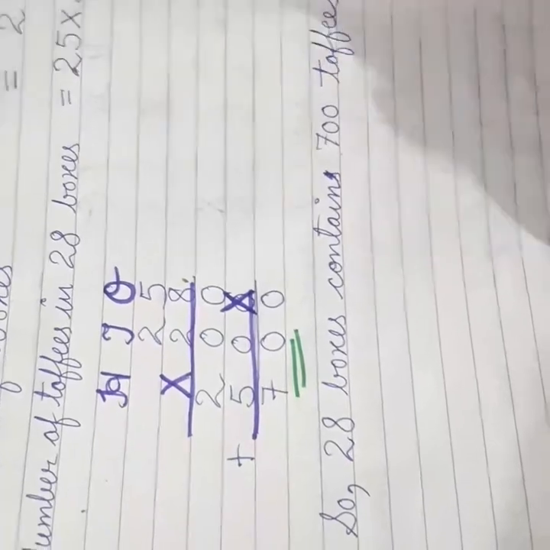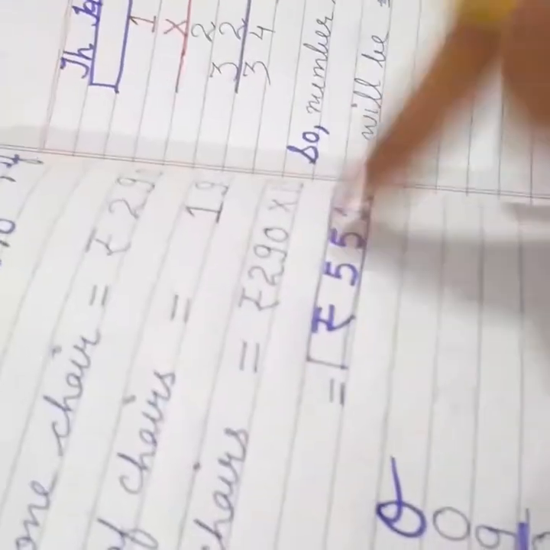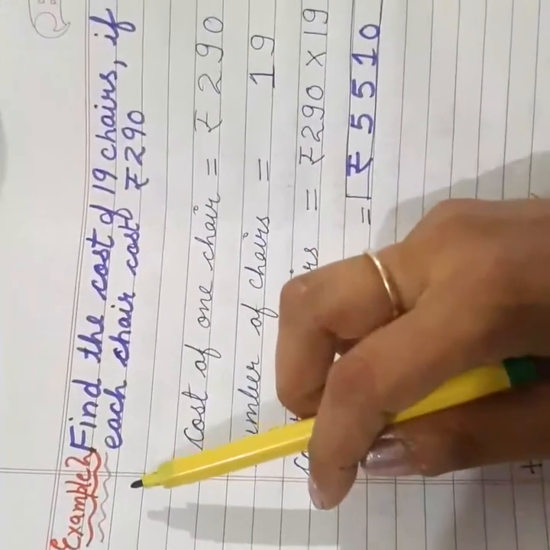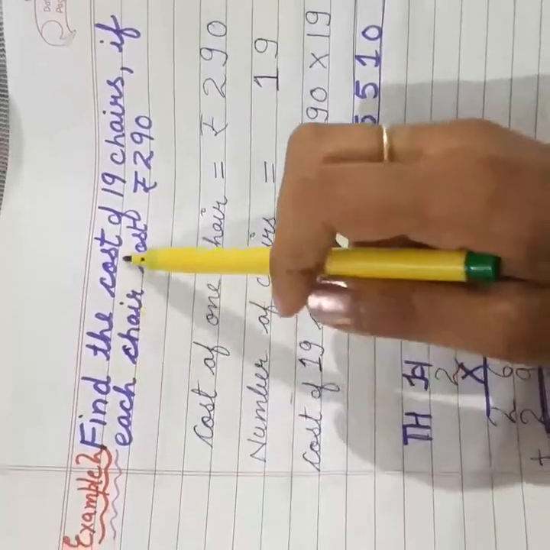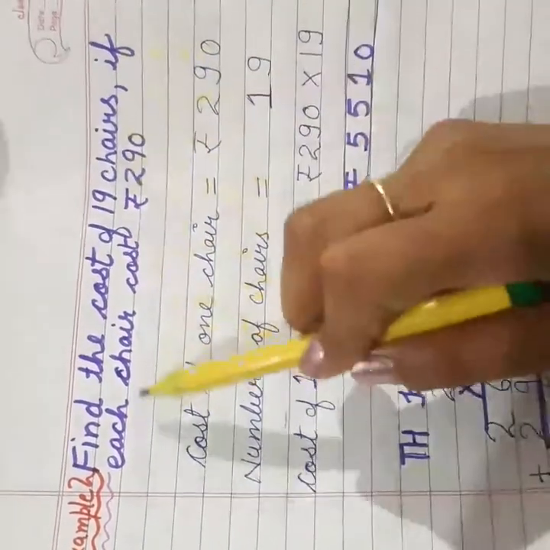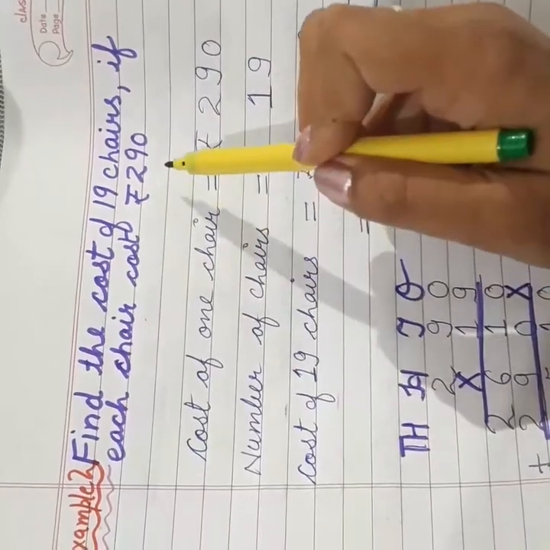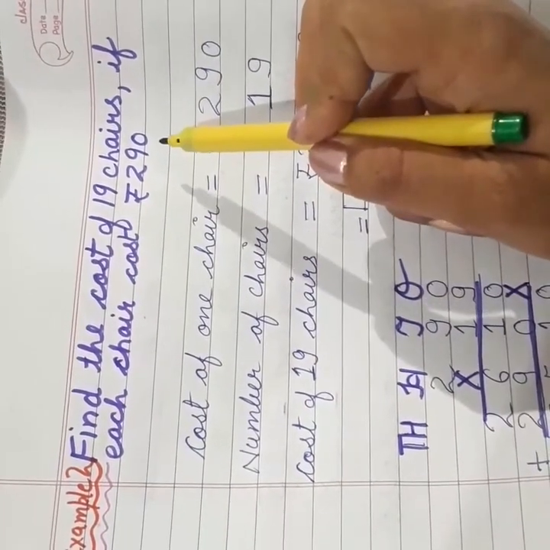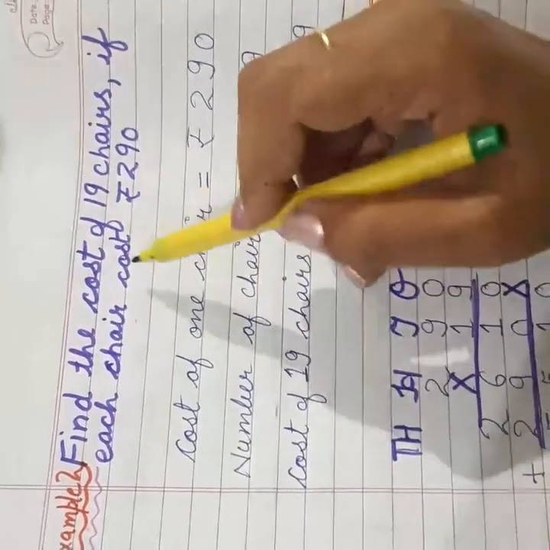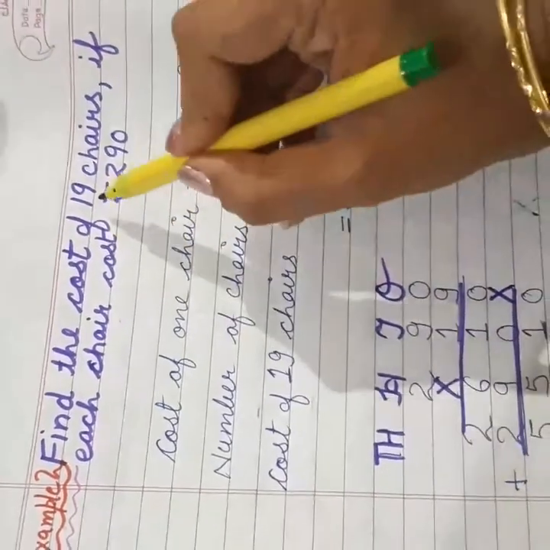So let us go for one more example. Example 2. Find the cost of 19 chairs if each chair costs rupees 290. Read this statement 2 or 3 times. Now look at what is given to you.